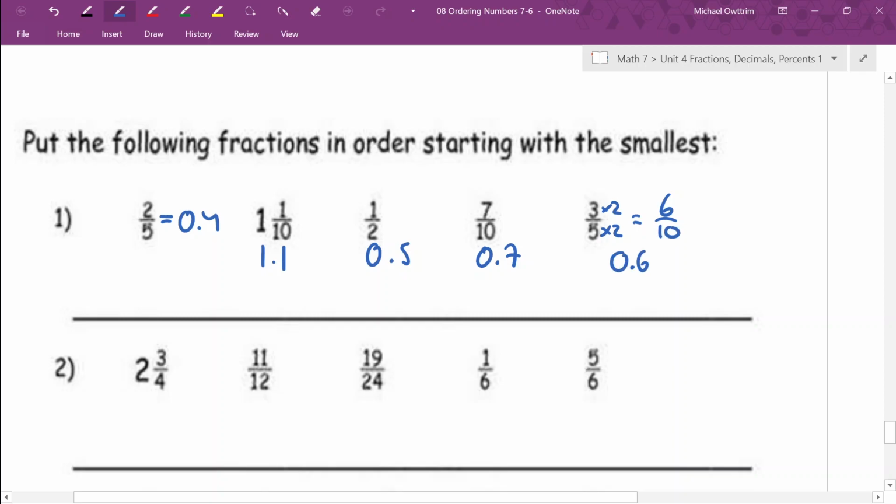So what is in order starting with the smallest? The smallest of those is 2/5, which was 0.4, then 1/2, which was 0.5, then 3/5, which was 0.6, then 7/10, which was 0.7, and then 1 1/10, which was 1.1.